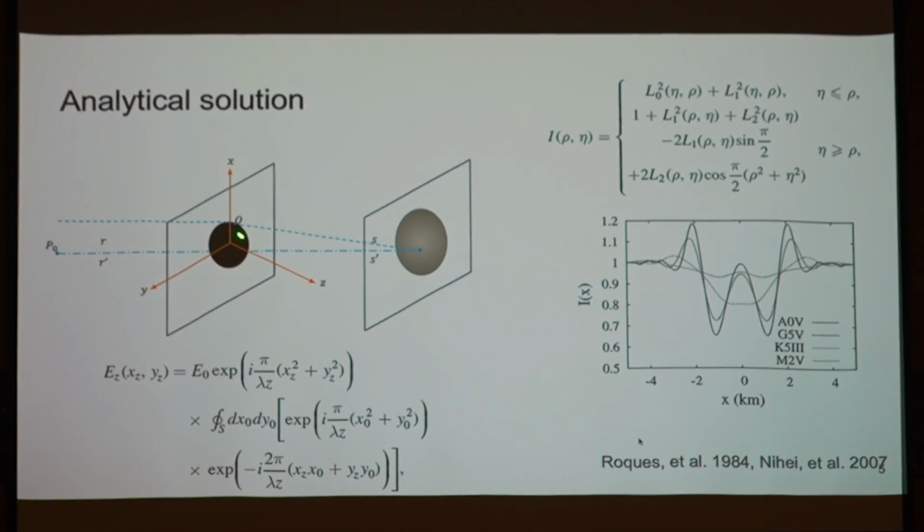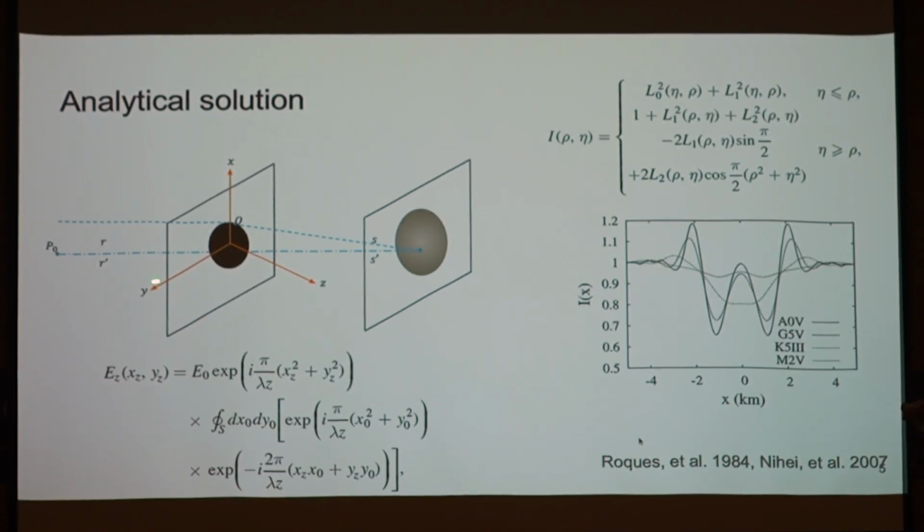And there is an analytical solution for that diffraction equation. The difficulty is taking into account all the radiators around the edge of the obstruction. But if we constrain things to a circular shape or other geometrical shapes, as Roques and Moncuquet 1984 and Nihei 2007 did, this basically gives a solution for this equation, which is a simplified equation.